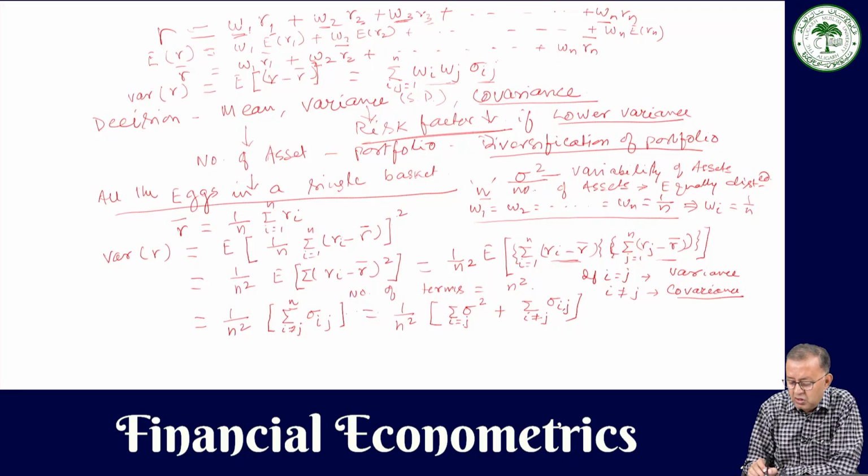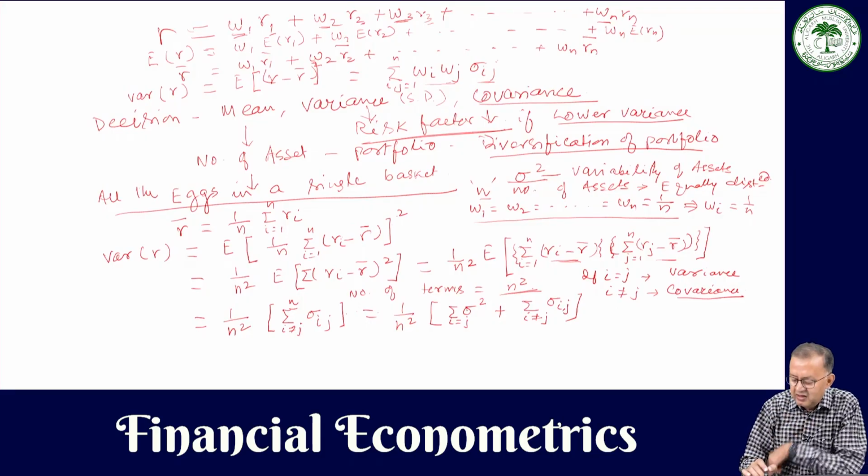So when i is equal to j, out of this term n and n, the total number of terms, I told you, will be n square. When you multiply this up to n by n, if you expand the summation, the total number will be equal to n square, where some of the numbers will be where i is equal to j, and some will be where i is not equal to j. Where i is equal to j, that will show the variance. Where i is not equal to j, that will show the covariance.